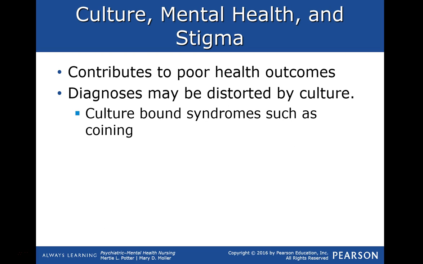If we don't, it contributes to poor health outcomes, both mentally and medically. So we have to make sure we address those. And we don't want the diagnosis to be distorted by culture. Remember, culturally bound syndromes, we don't want those to become, because black people can have this brain fog, but everybody has a brain fog. So we have to understand, don't loop those together.